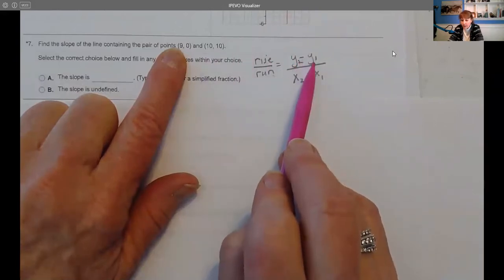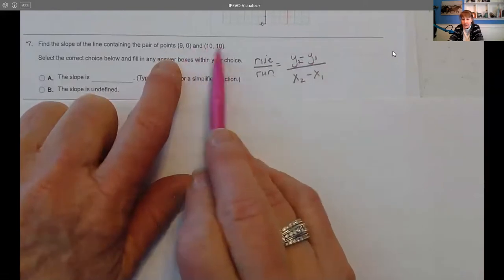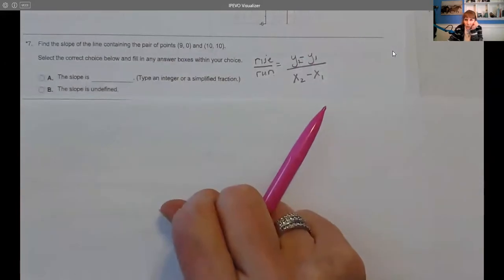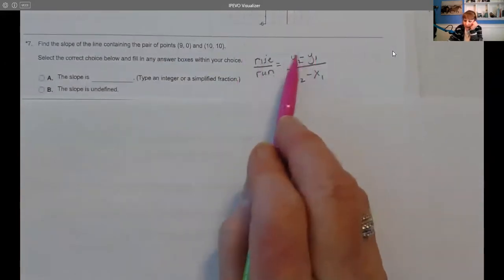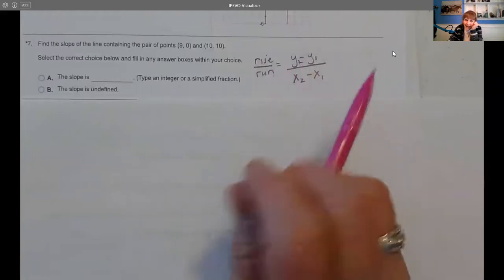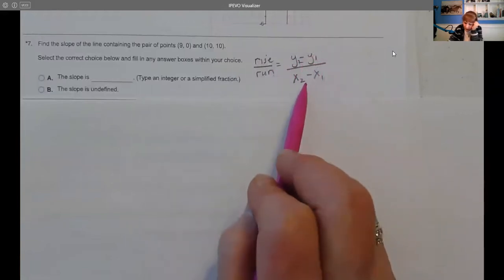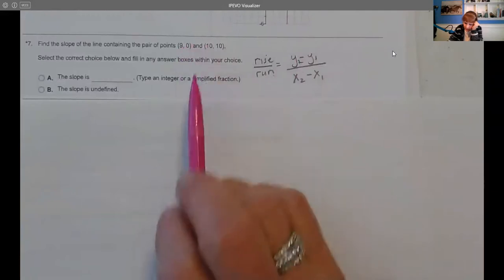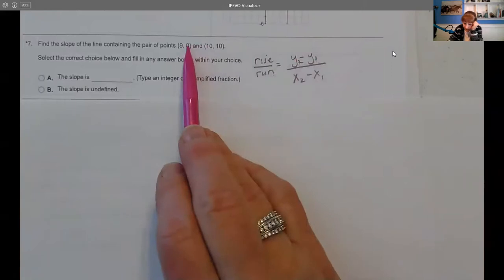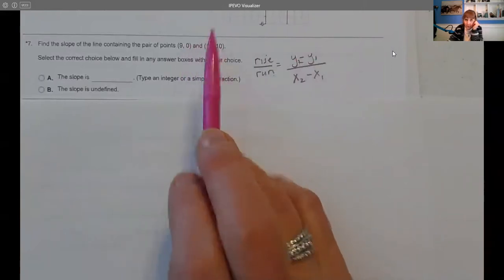And the y coordinates are the second numbers in any ordered pair because they're in alphabetical order. So try not to subtract the x's and put it here. Make sure you subtract the y's. Again, people want to subtract the x's because they're the first ones in the ordered pair. But you do have to subtract the y's, which are the second numbers, first.